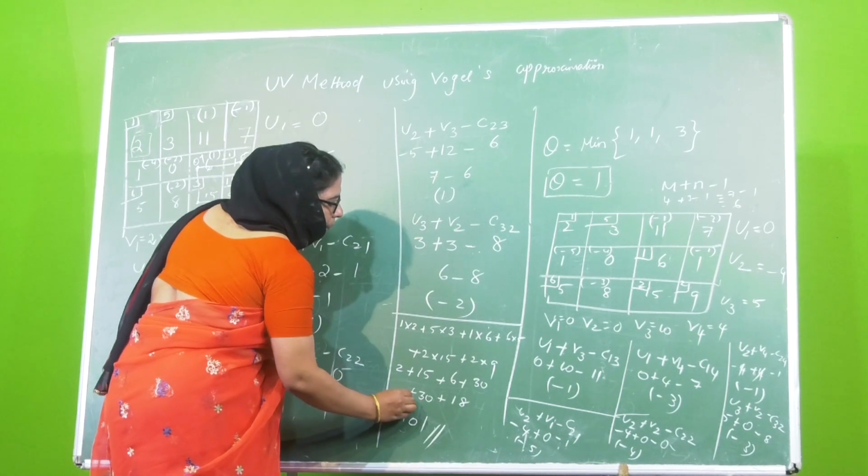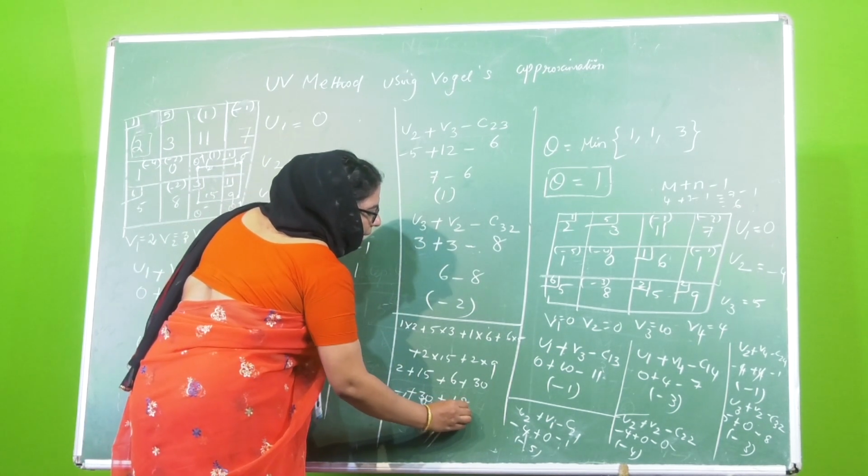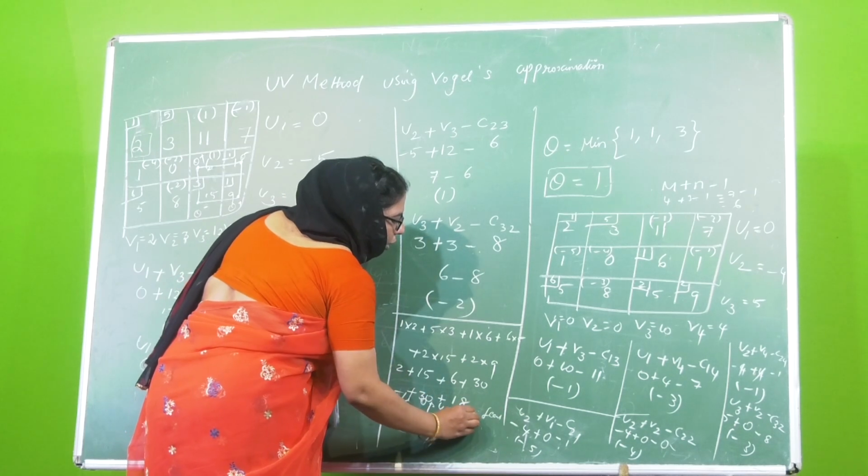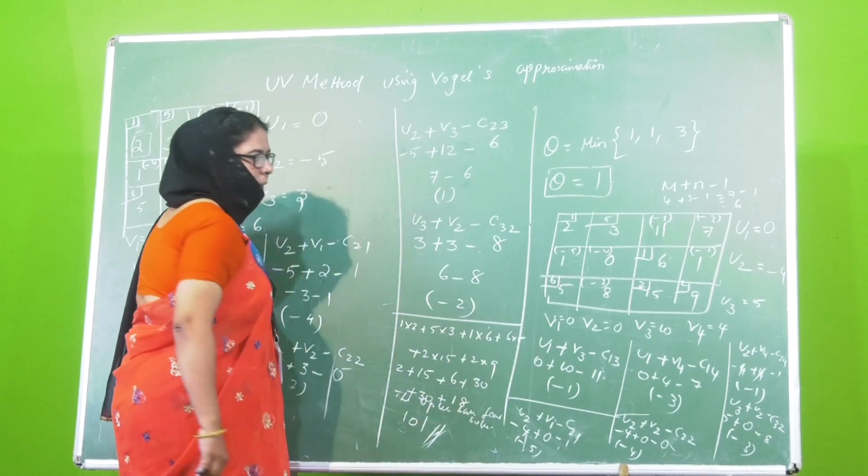The optimum basic feasible solution is 101.